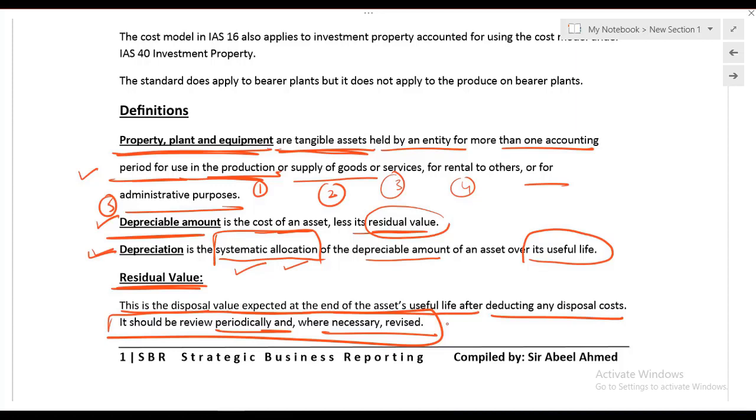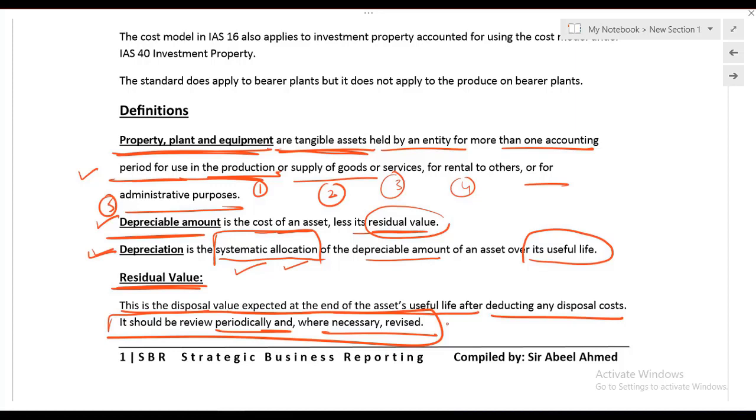You need to know that depreciation method you review annually, residual value you review annually, and whenever a change comes, it will be applied prospectively. Residual value is an expected disposal proceed after deducting the disposal cost at the end of the useful life of the asset.